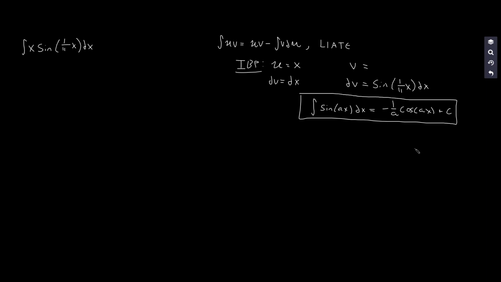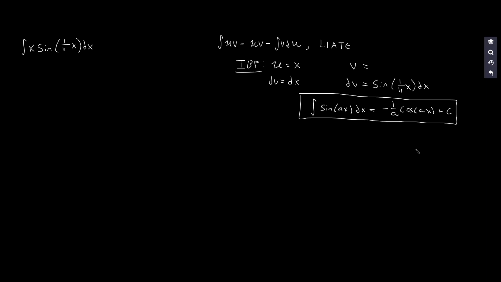And of course, the integral of cosine of a times x, integration with respect to x, is going to be 1 over a times sine of a times x plus c.